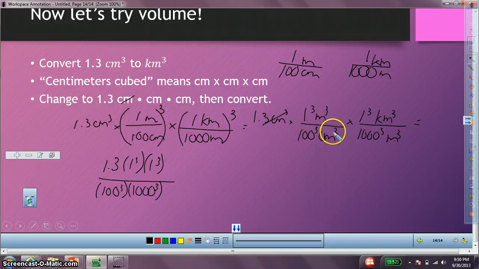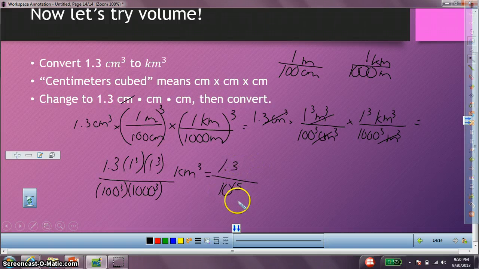Here our centimeters cubed have canceled, and here our meters cubed have canceled. So all we're left with in our units are kilometers cubed. We multiply 1.3 times 1 cubed times 1 cubed to get 1.3. And in the denominator, 100 cubed times 1,000 cubed will give us 10 to the 15th power.